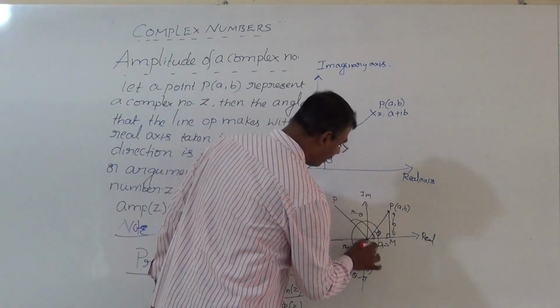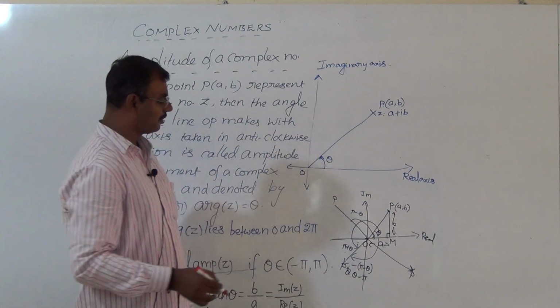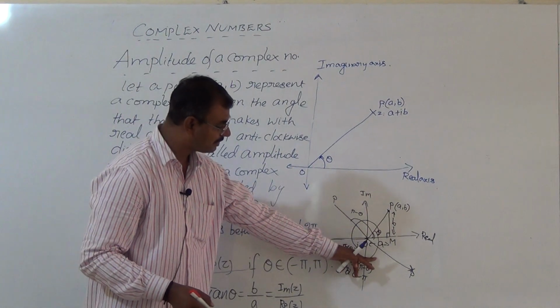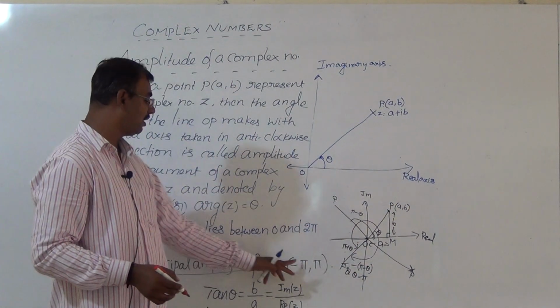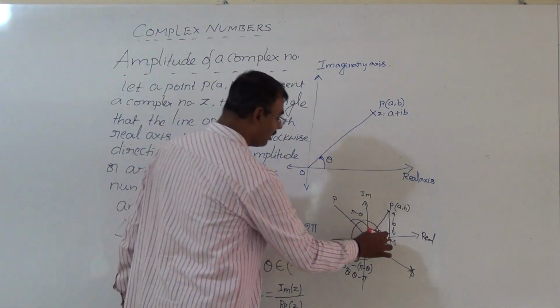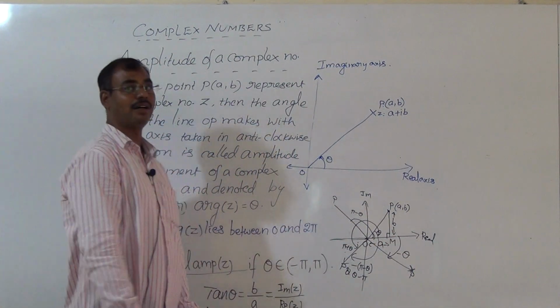If the point P lies in the fourth quadrant, the angle is actually 2 pi minus theta, but it doesn't lie in the principal value range. So taking the clockwise direction, this angle is minus theta.